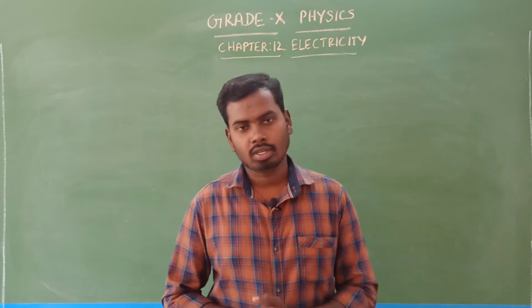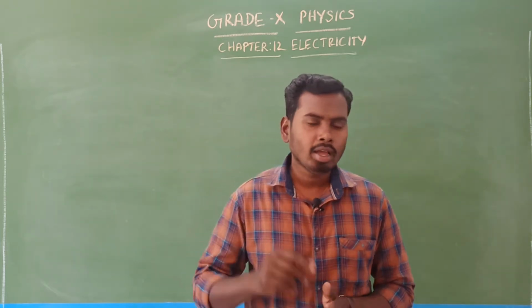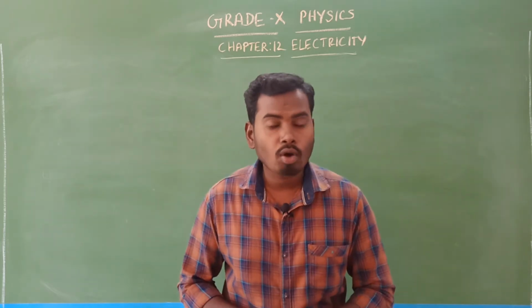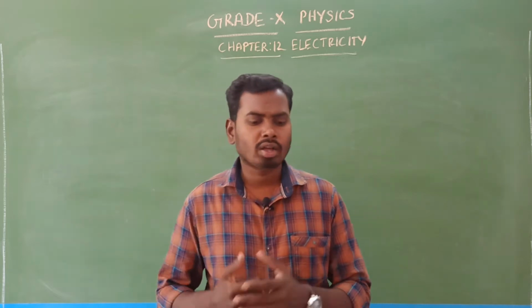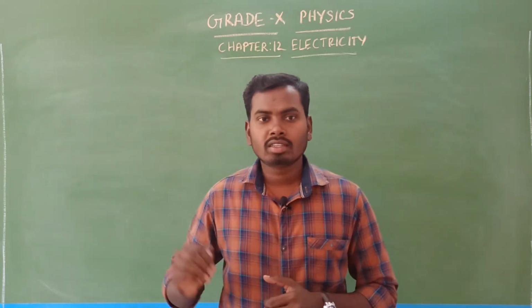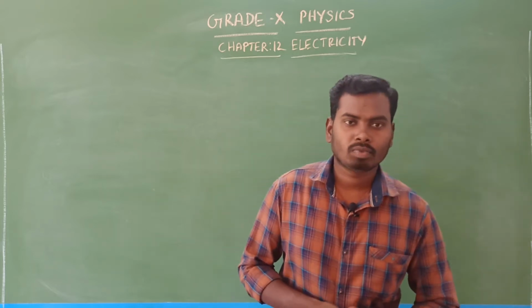Is it clear, students? Yes. Whereas in parallel combination, all resistors will have the same potential difference. Note this point, each resistor will have the same amount of potential difference. Is it clear?